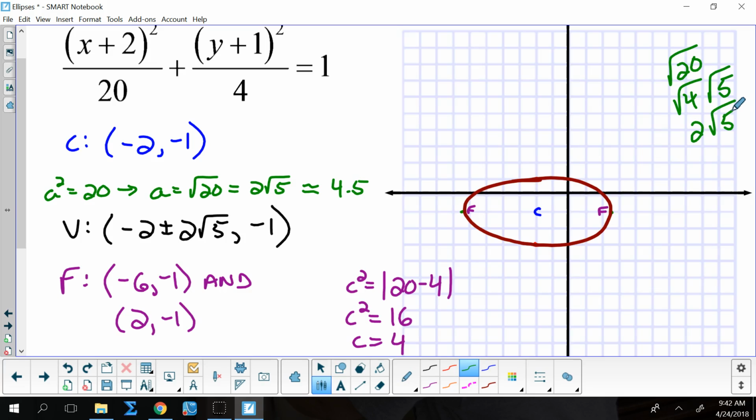So instead of writing it out separately, because the a value here is not nice. In all the other examples, the a value was nice and the b value was nice, but the c value was goofy. Here now, I threw you a curveball, okay, and I made the b value nice, the c value nice, and the a value all goofy. But it's all done the same way. Okay?